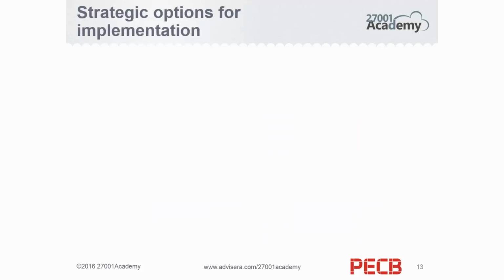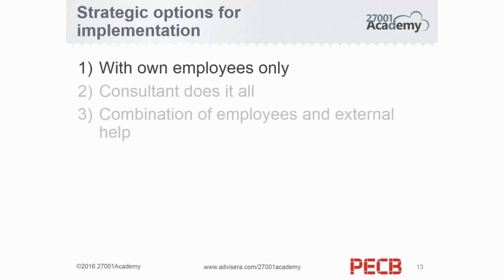Okay, now let's move on to this last slide about strategic options. When starting to implement the standard, you have 3 options between which you have to decide. The first one is to implement the standard using your employees only and without any external help.